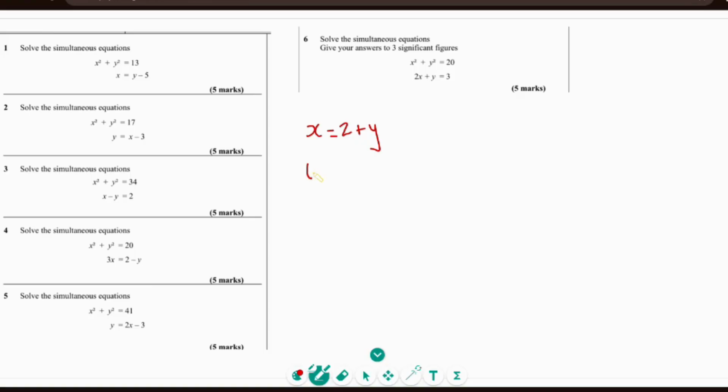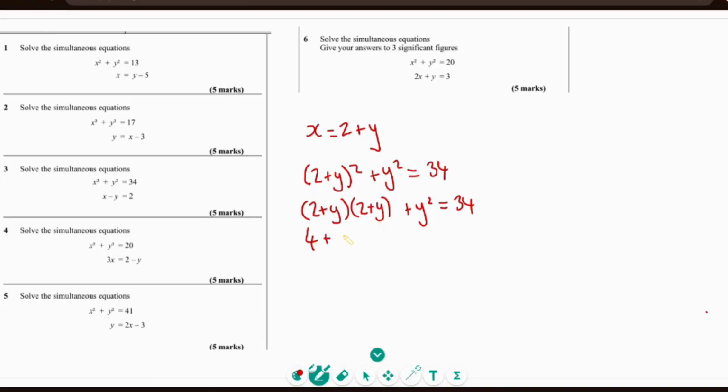So this time let's substitute in 2 plus y for the x in the top equation. Put 4 plus 2y plus 2y, which is 4y.